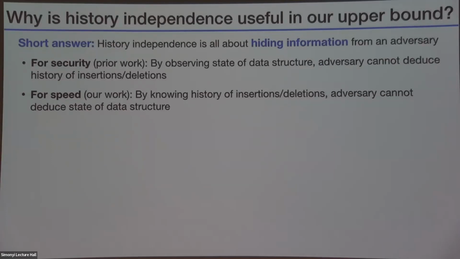But no matter what order the adversary chooses, they can't know anything about the current state of the data structure, because it only depends on the number of items present. That allows us to fool the adversary, because they can't take advantage of the current state and, say, only insert in dense regions.